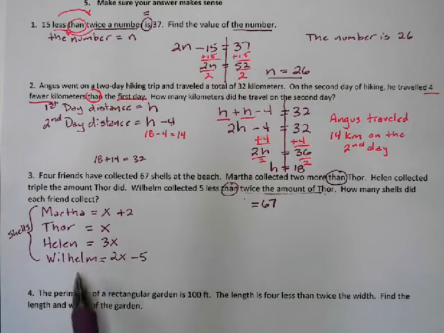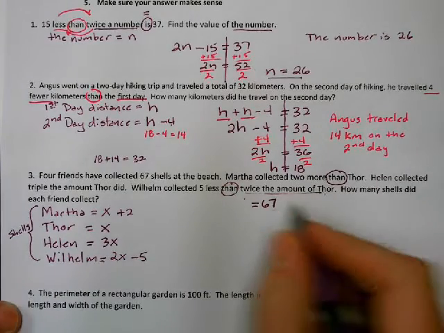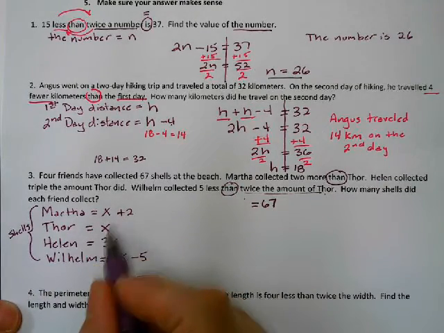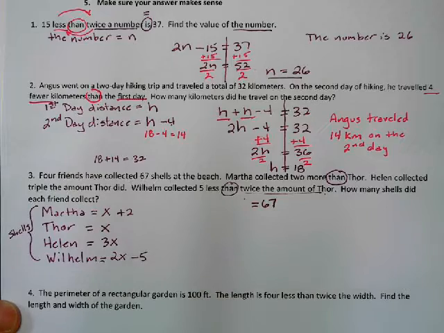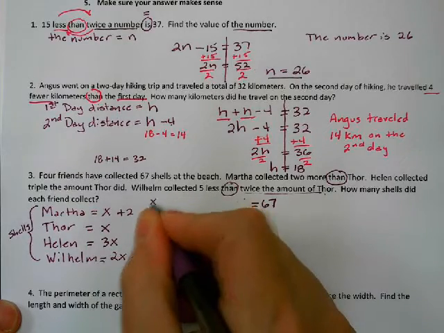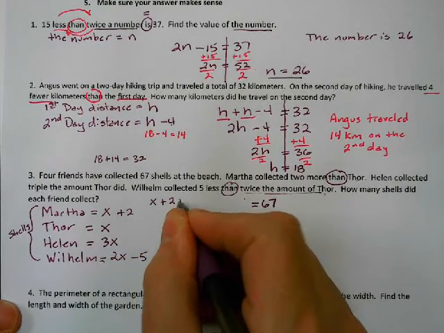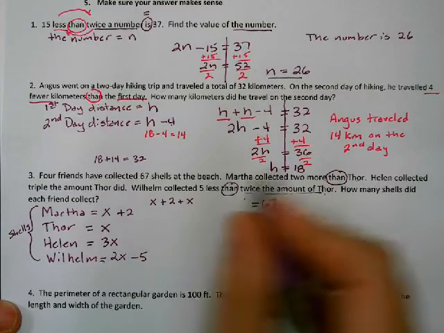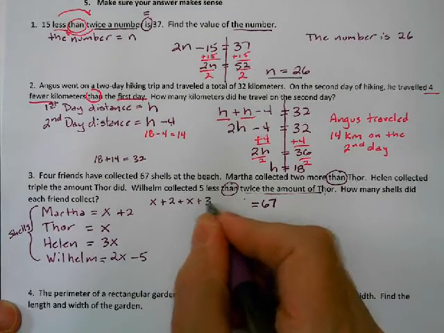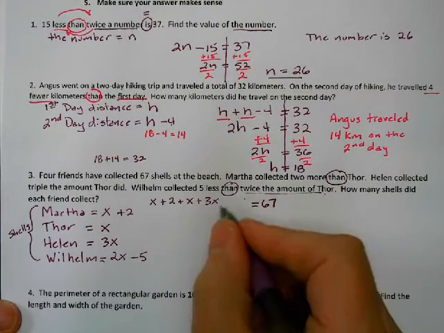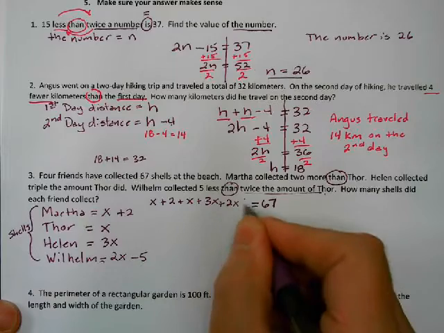That's a lot of S's. So we're going to just write this plus this plus this plus this. So we got Martha. We've got Thor, X. We got Helen, 3X. And then we got Wilhelm. Ooh, I'm running out of room. This was poor planning. All right, there everybody is.